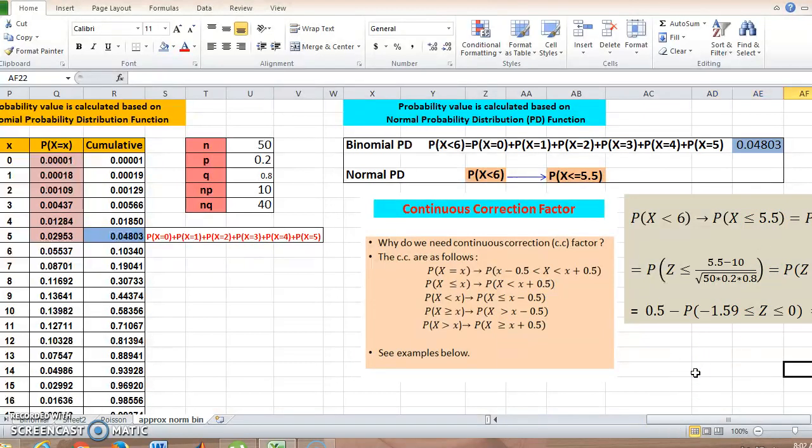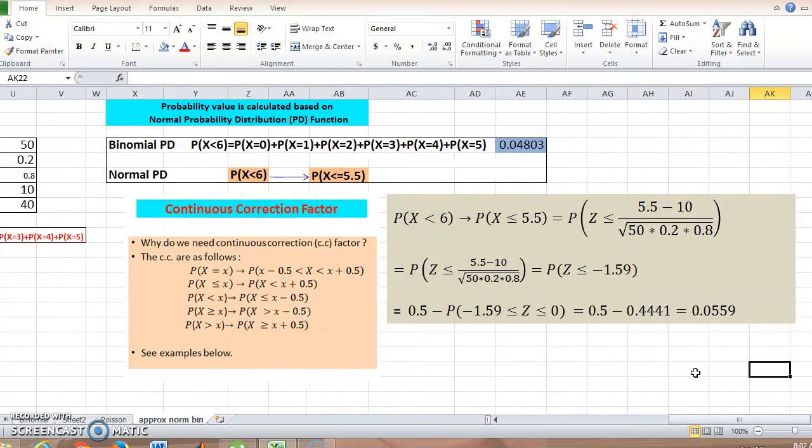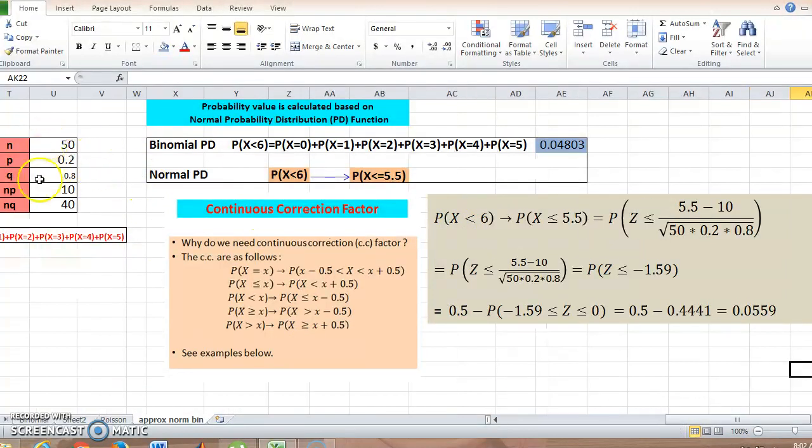So let us take a look here at the computation. Originally your random variable is a binomial random variable x, and now since the conditions are met, you want to solve it using normal probability distribution function. Before you can solve using normal probability distribution function, you have to consider the CC factor, and this is our case.